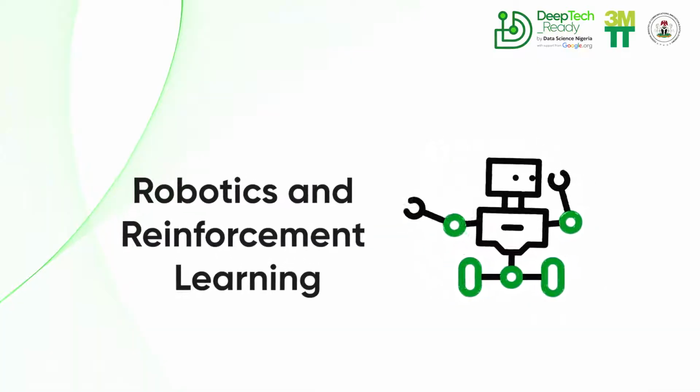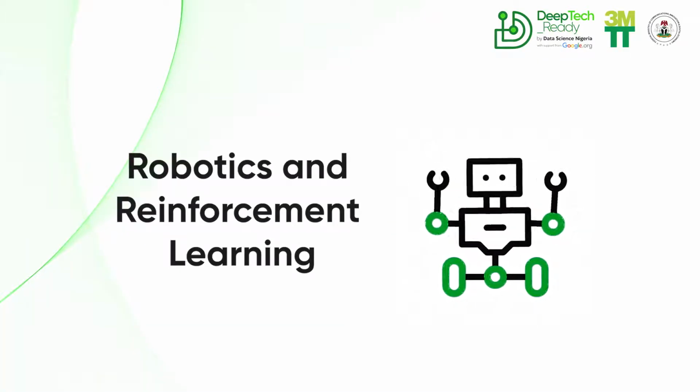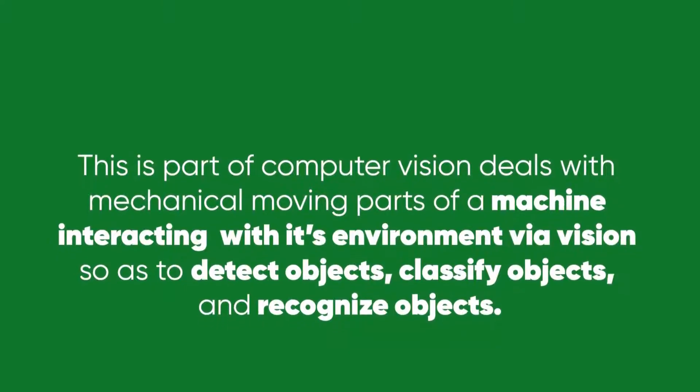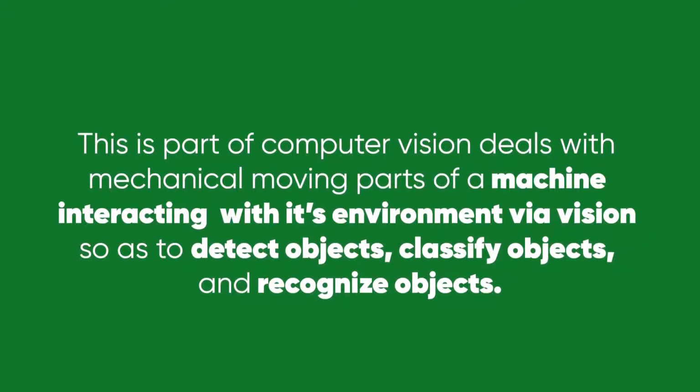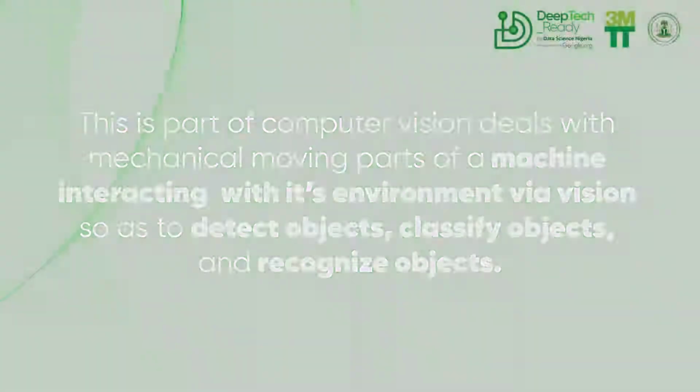Computer vision also has another interesting aspect, which is in robotics and reinforcement learning. This is an aspect of computer vision that deals with mechanical moving parts of a machine interacting with its environment via vision so as to detect objects, classify objects, and recognize the objects.